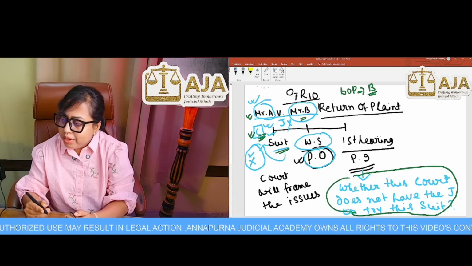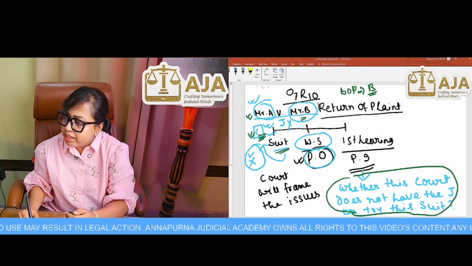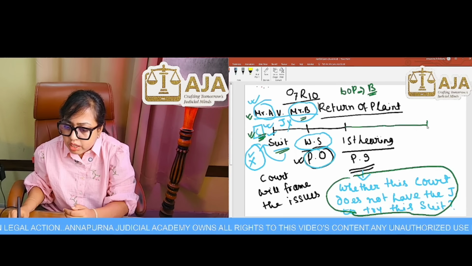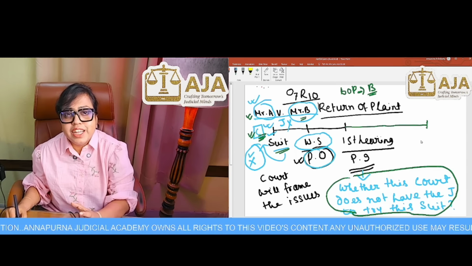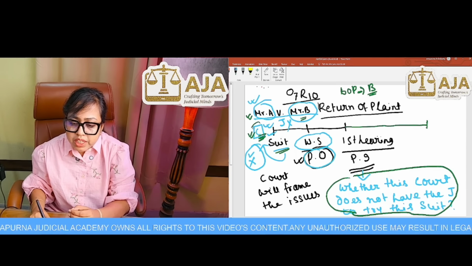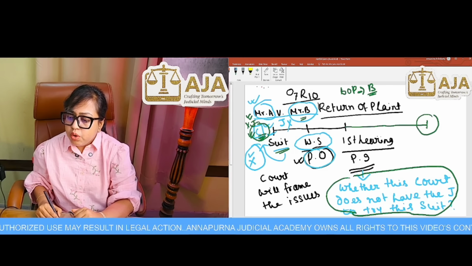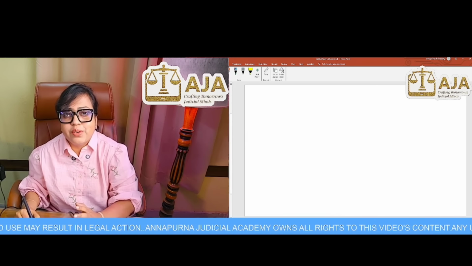So now, somewhere here the court has decided that no, this court does not have the jurisdiction. Now what will be the consequence?